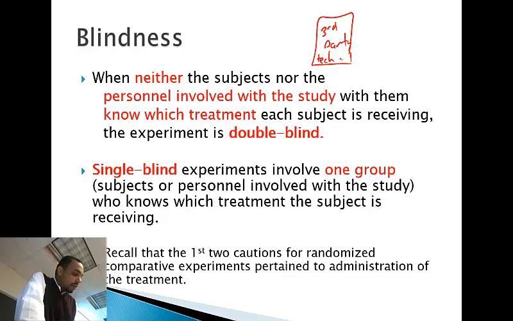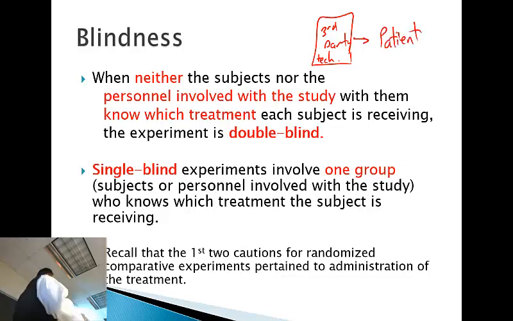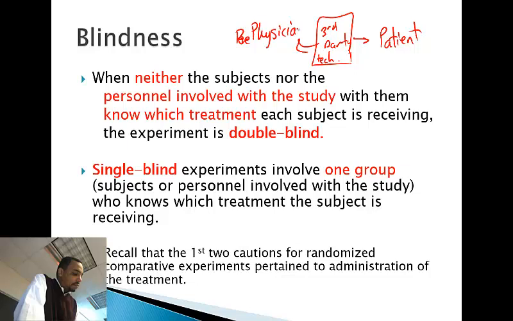You have this patient over here who knows that they're in some study, but they don't know if they got the drug or not. You have the researcher over here, or let's call it the physician, if you will. So you have to be like this buffer between the physician and the patient, and keep them both in the dark on who has what, so they can both do their job.